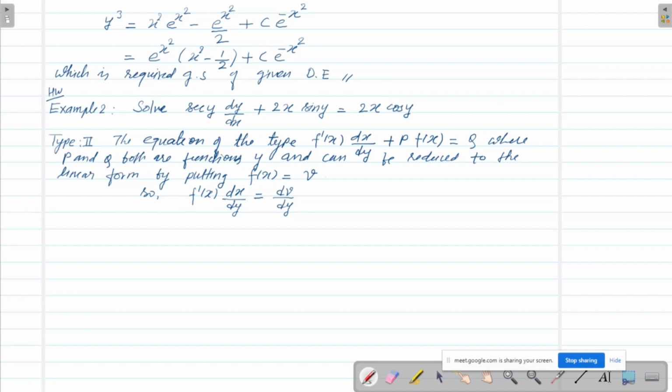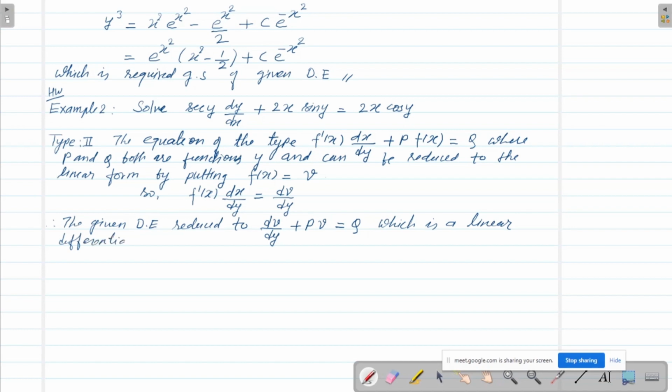Now equation 1 means the given equation is reduced to dv/dy + p v = Q, which is in linear form, which is a linear differential equation.